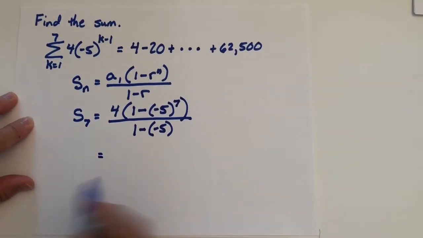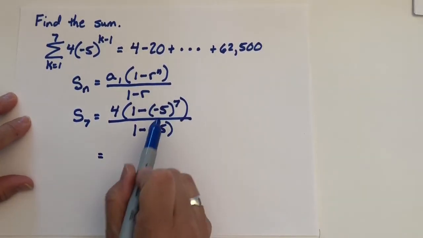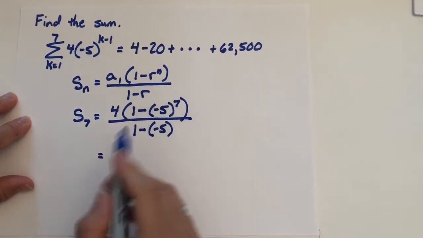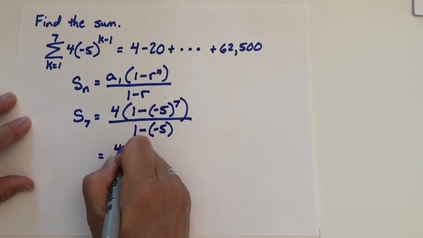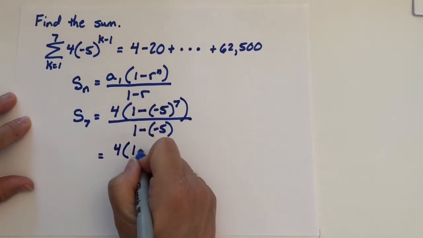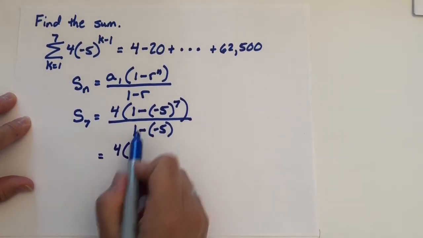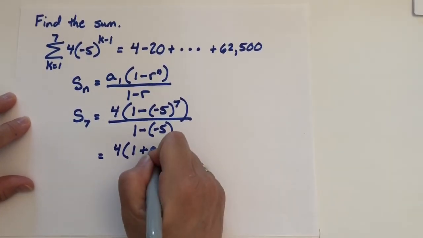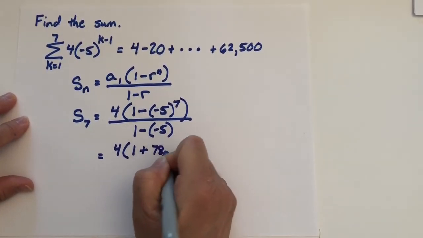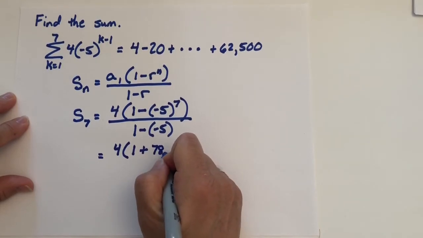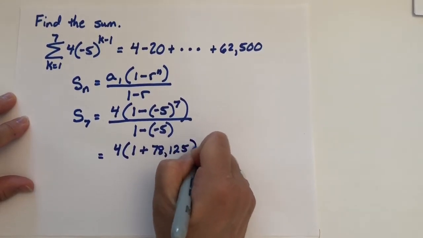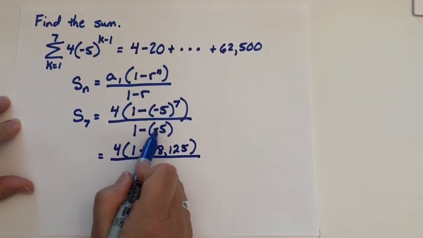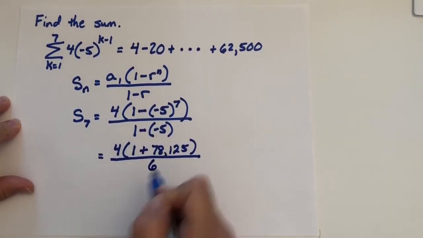So if we raise -5 to the 7th power, you will have a negative value. So we have 4 times 1 minus a negative value means we're going to have a plus. So you can raise 5 to the 7th power, and you'll find that it's 78,125. Divided by 1 minus -5 is 6.